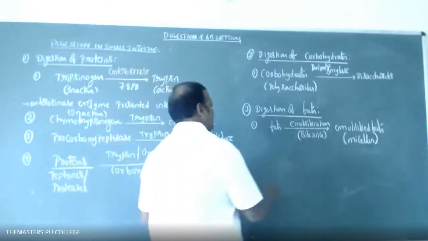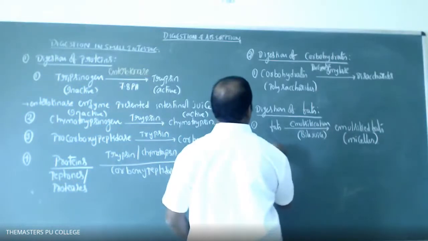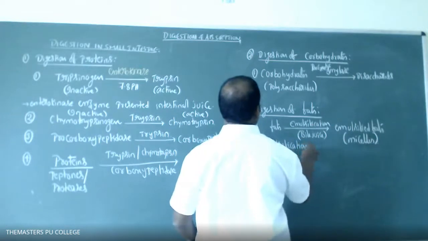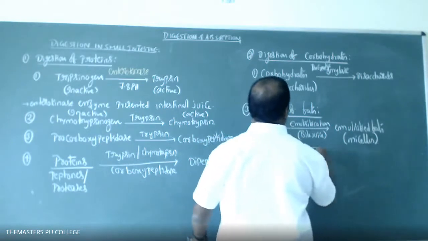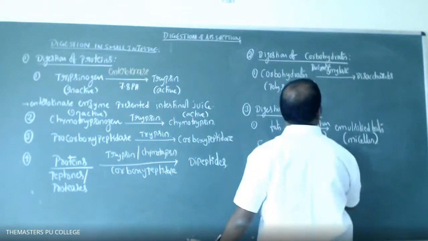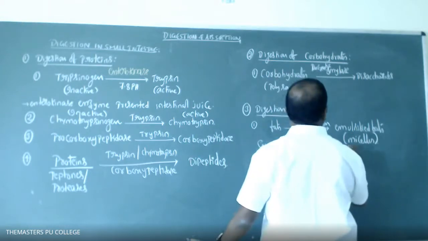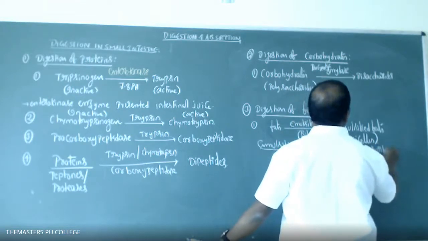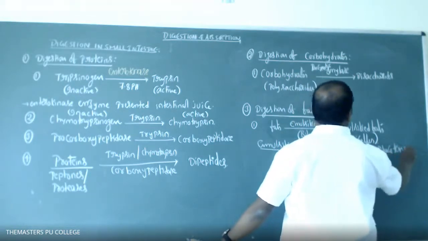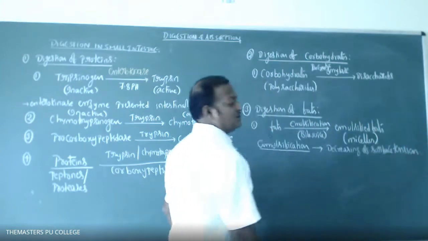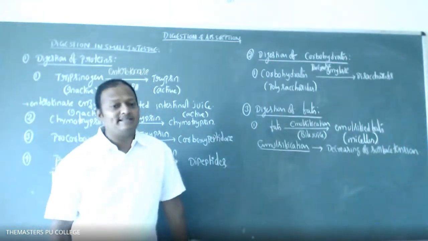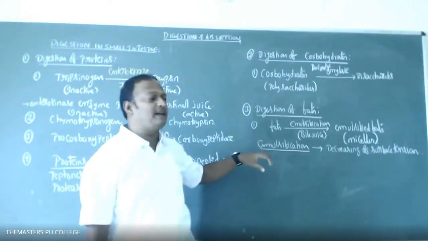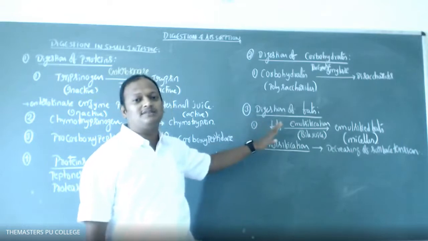Okay, students, so here write down: emulsification means decreasing of surface tension. Decreasing of surface tension of the fats is called the emulsification process. So before fat digestion, what takes place? The emulsification process takes place.